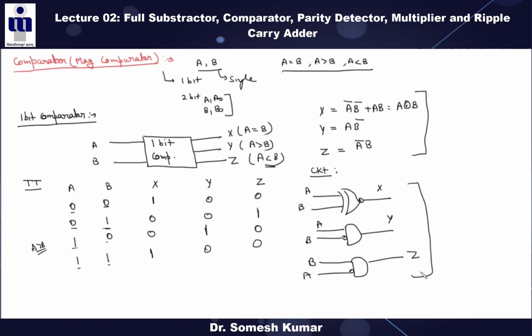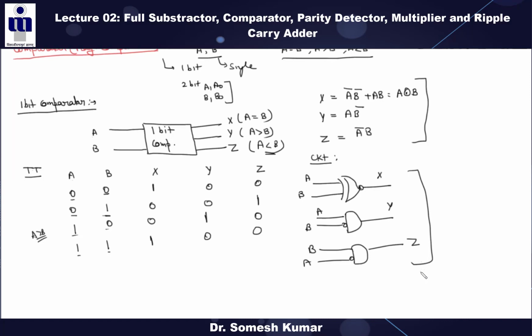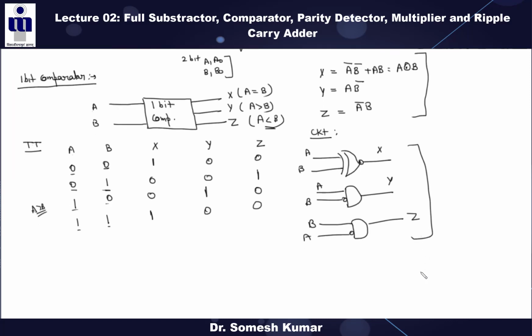Now we will discuss the 2-bit comparator circuit. It is quite similar to the 1-bit one; the only difference is that the inputs are A0, A1, B0, B1, meaning these inputs consist of 2 bits. If I were talking about a 10-bit comparator, you would follow similar steps.